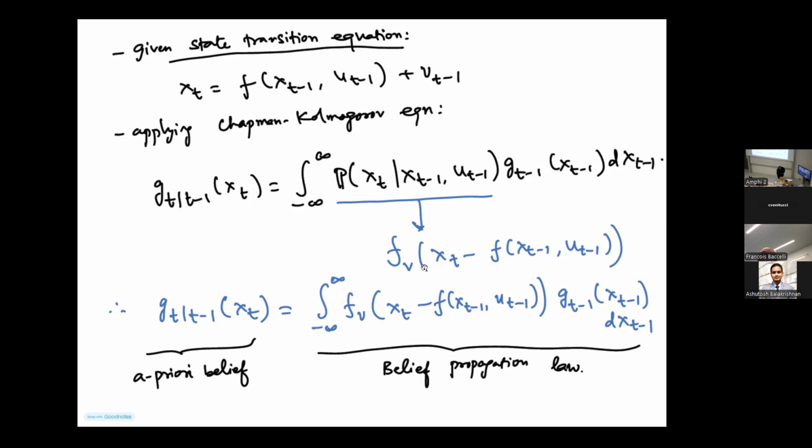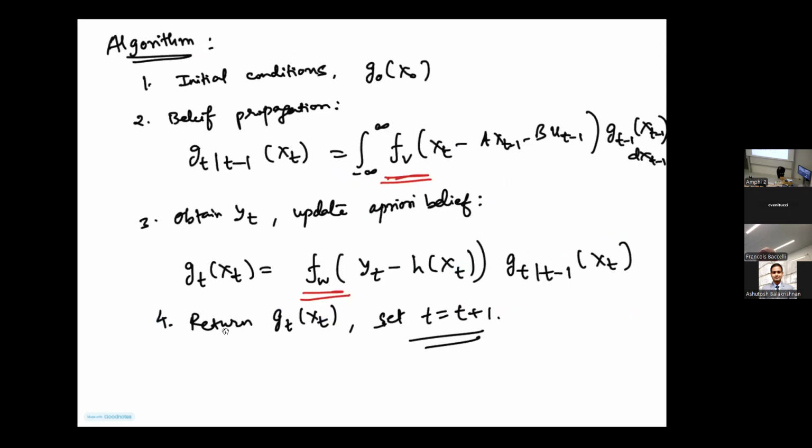Because we have assumed to know the process noise, and we know the initial distribution at x0, we can obtain the a priori belief. And this is the belief propagation law, so how the states are propagating.